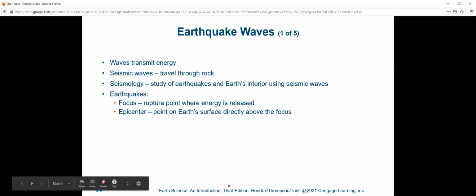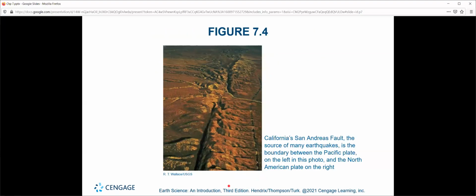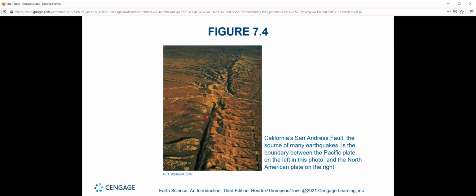That is what we call the focus, the location where the energy is released. And then from that, we can find an epicenter, which is essentially the point on the Earth's surface above the focus. If the energy that caused this fault line here was some 1,000 feet below the Earth's surface, then the epicenter would be right at this edge here.